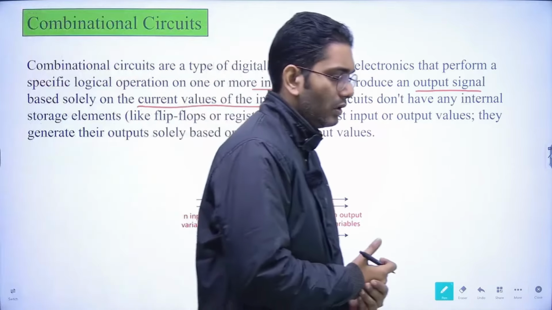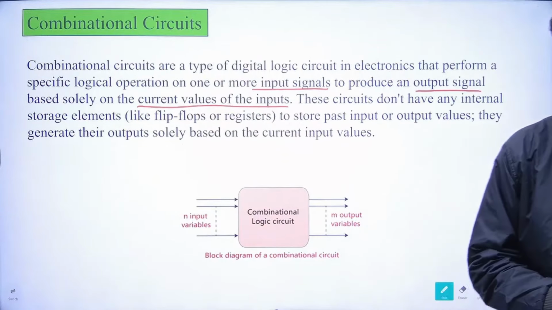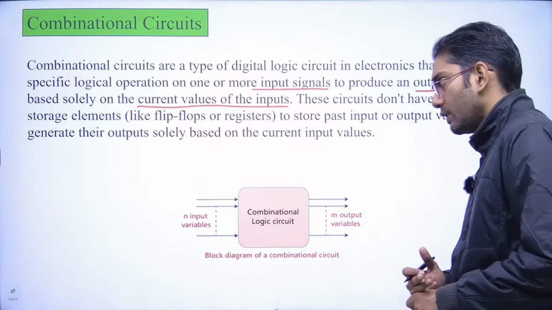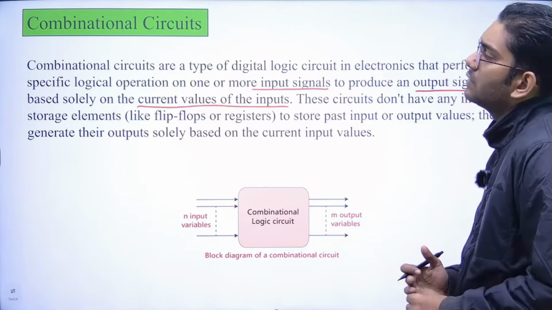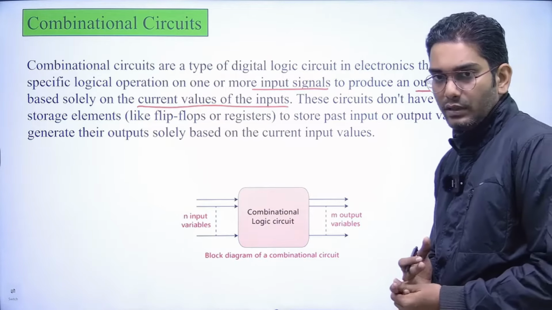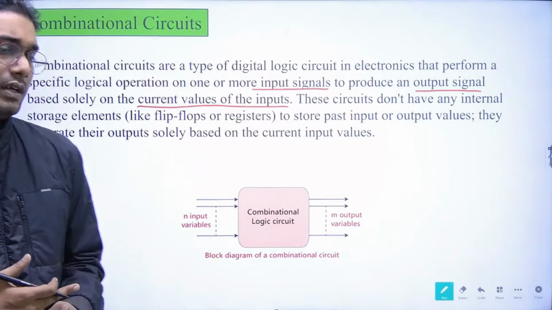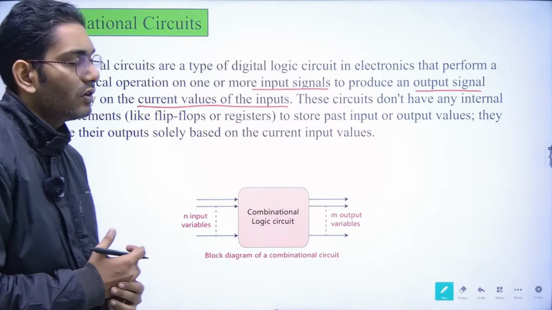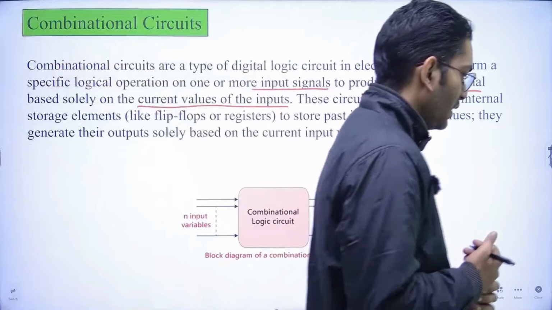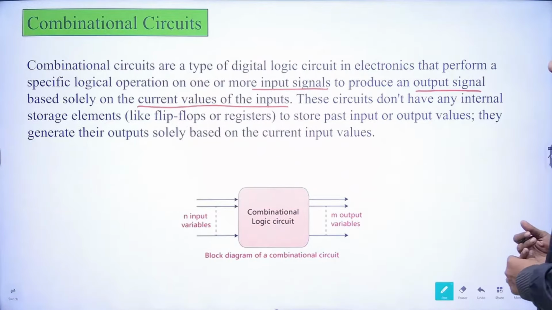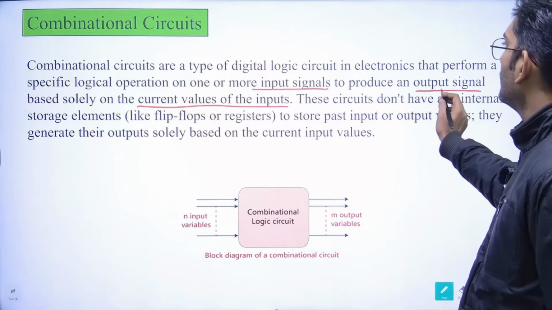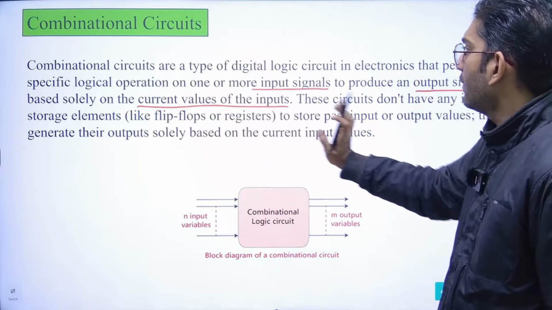When we study the sequential circuits, there we will see that the output is dependent on the current values as well as on the past values. So in the combinational circuits, the output is dependent on the current values of the inputs.